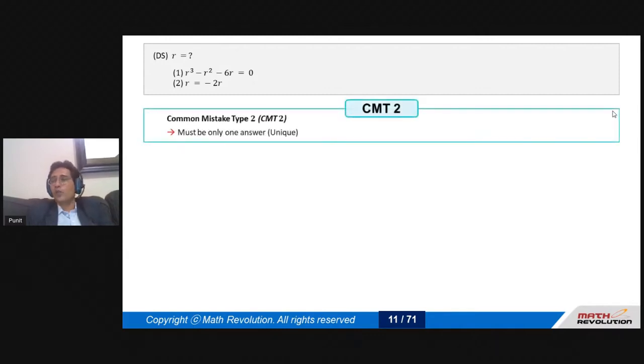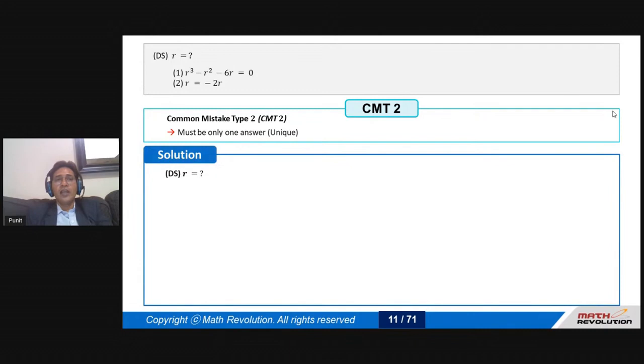R cube minus R square minus 6R equals 0, and R equals minus 2R. If I solve condition number 1 and take an R common, I'll be left with a quadratic polynomial, that is R square minus R minus 6.